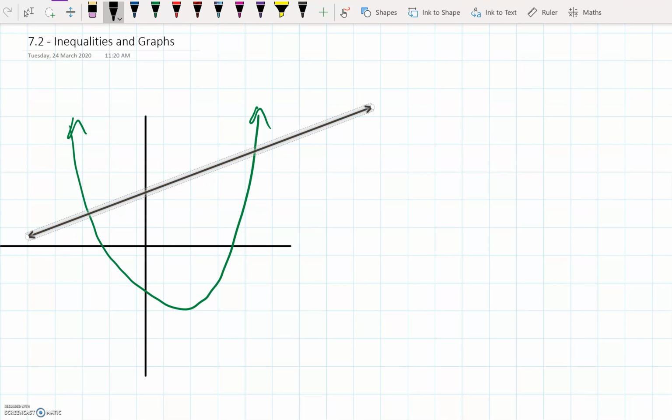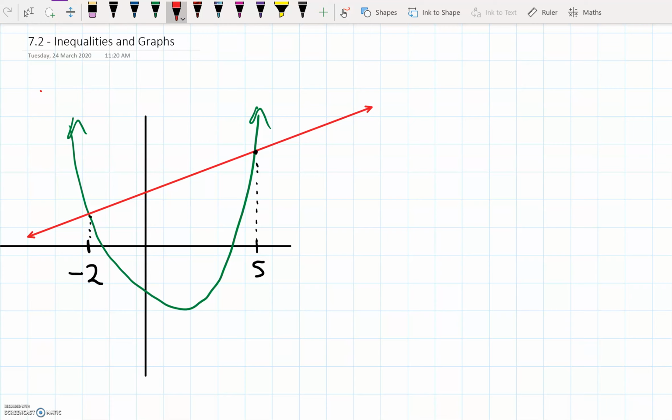Now, firstly we're going to label these points here. Let's say this point here is going to be a value of 5, and this point here is going to be a value of -2.